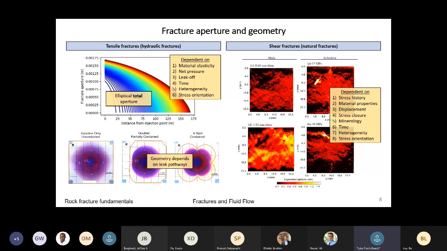This roughness is pretty clearly shown by these results in the right picture here. Granted, this fracture was created by a shearing mechanism, not hydraulic fracturing. But you can see in this case how the aperture is so heterogeneously distributed throughout this system.